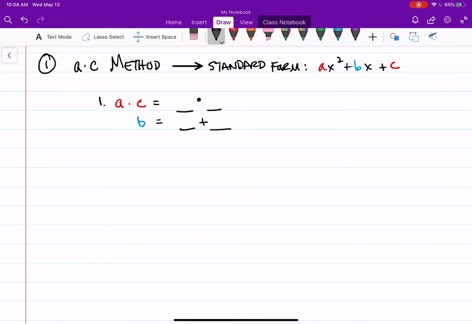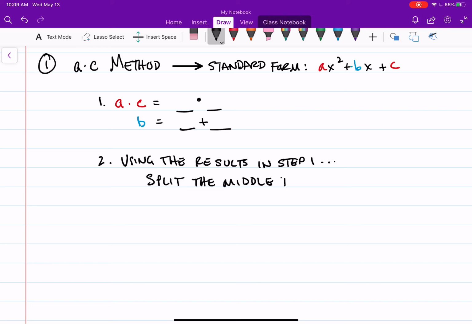Step 2 is to split. I should say, using the results in step 1, split the middle term, which is bx.